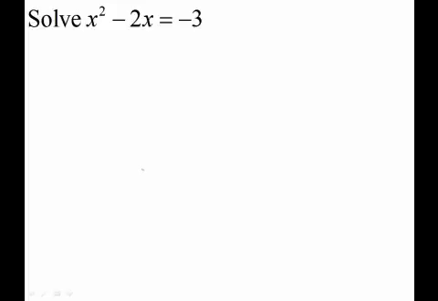Let's look at another quadratic equation, and the big difference here, if you notice, is that it's not set equal to 0. So our first job here is going to be to set it equal to 0, which we'll simply do by adding 3 to both sides. That'll move the 3 over.